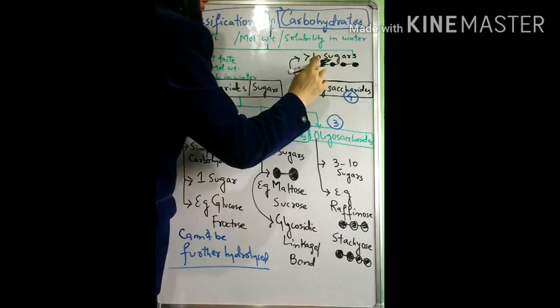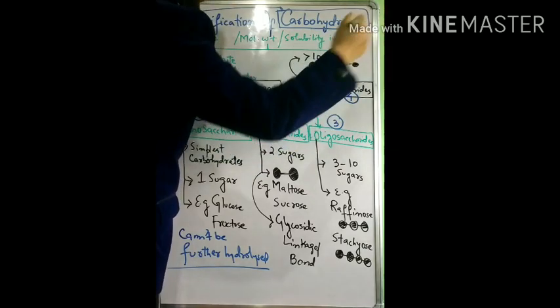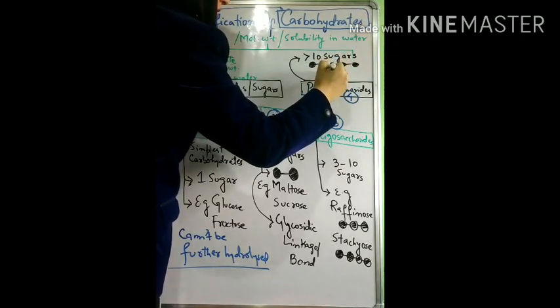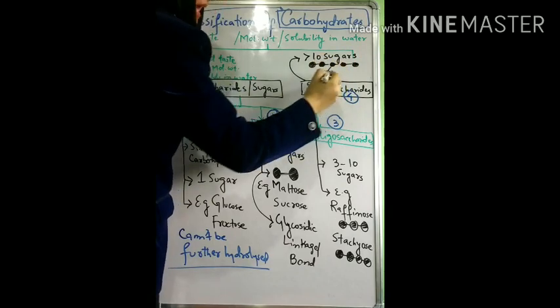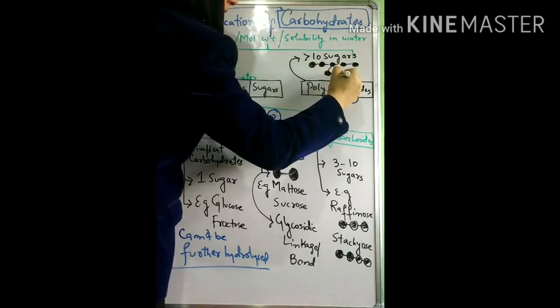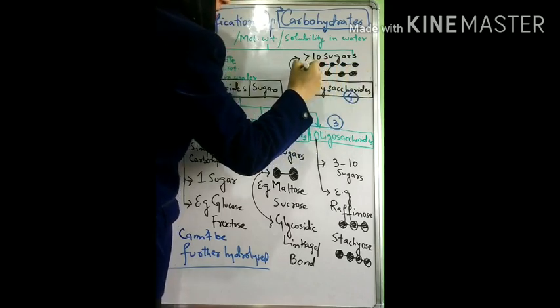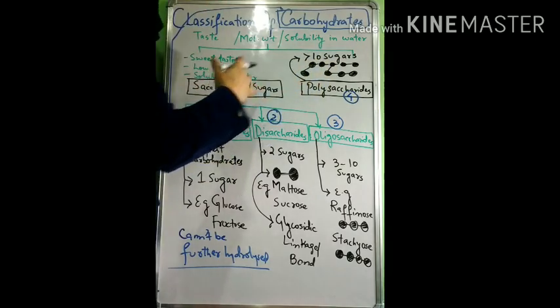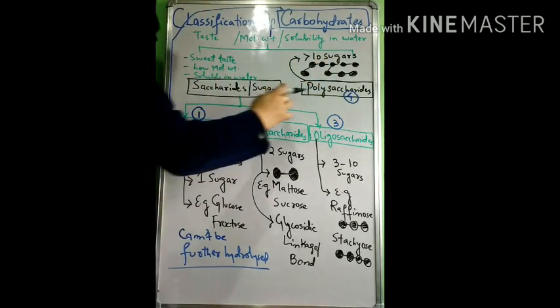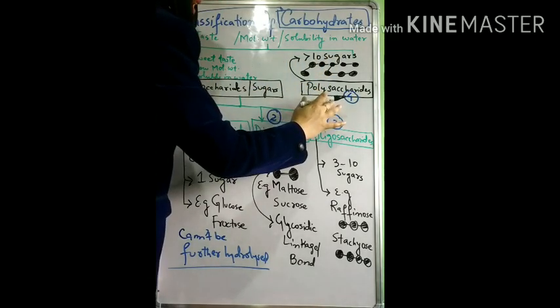Like this is the chain. Say for example, it's glucose, glucose, glucose, glucose, glucose. And at certain places it's branching like this. You have a branch coming. Again now, suppose it's branching over here also. So this branched complex thing is called what? Polysaccharide.